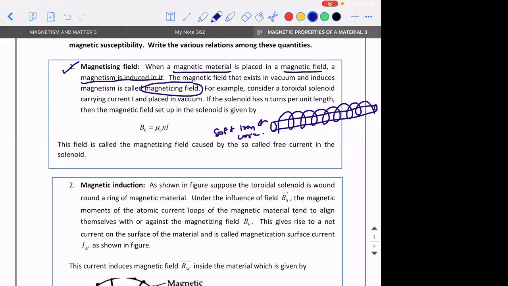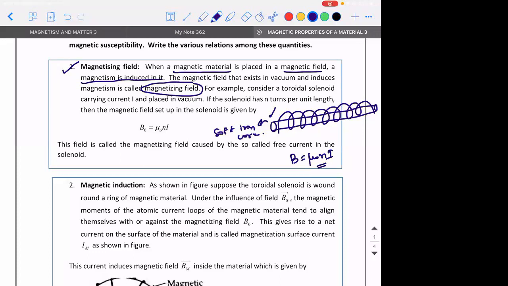That we have already seen. There is a magnetic field that is getting induced, of value B equals mu naught n i, where mu naught is the permeability of free space, small n is the number of turns per unit length, and i stands for the value of the current. This field will have the tendency to magnetize the soft iron core.